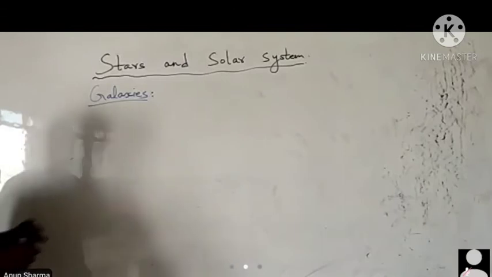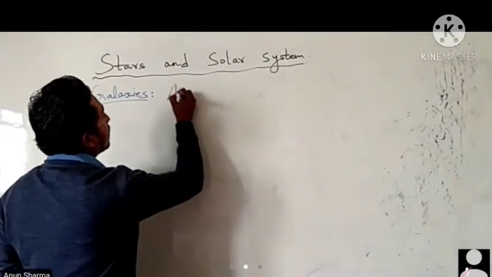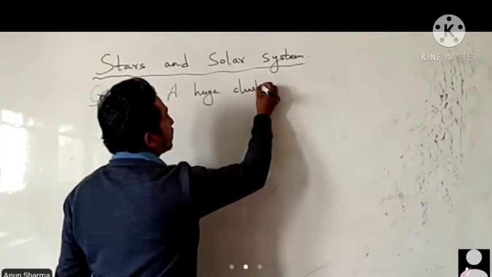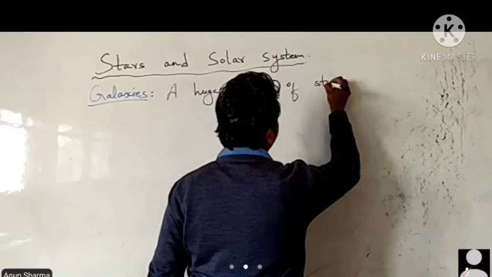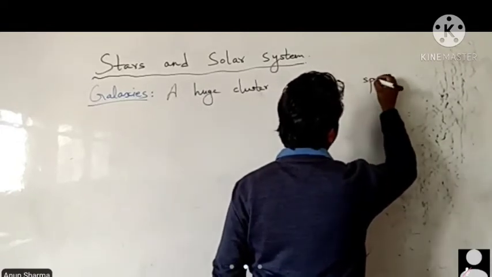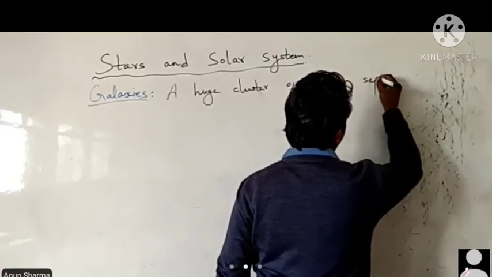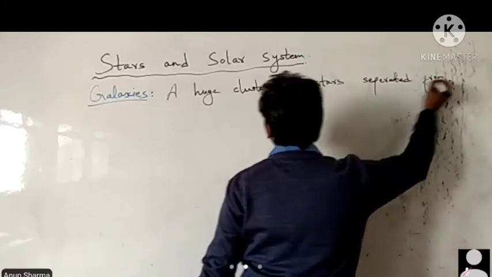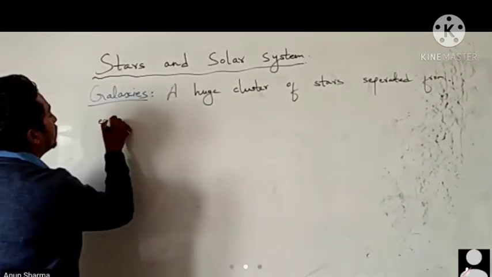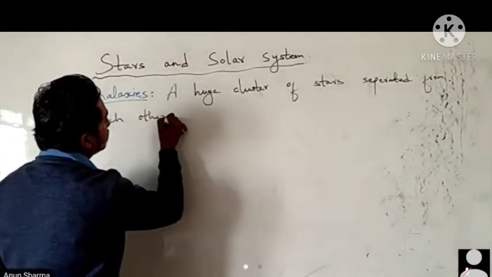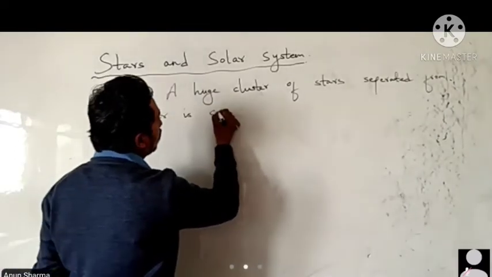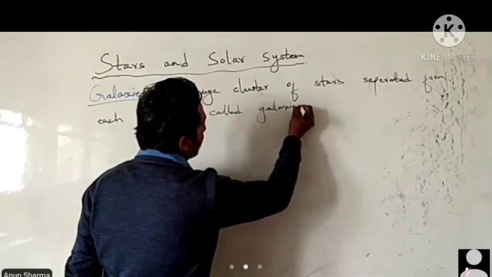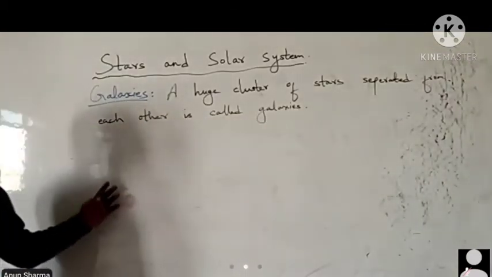That means a huge cluster of stars separated from each other is called galaxies.